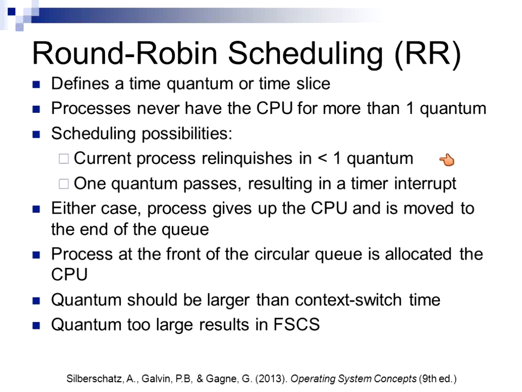So the scheduler is going to be scheduling when the current process relinquishes the CPU in less than one quantum, or the one quantum passes and a timer interrupt occurs. We talked about this in one of the earlier chapters.